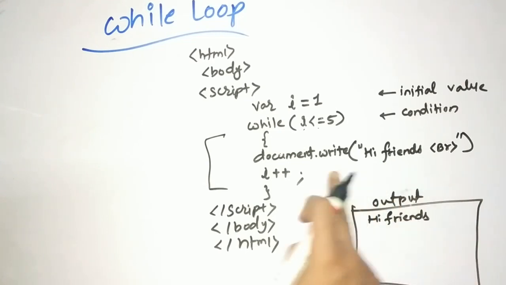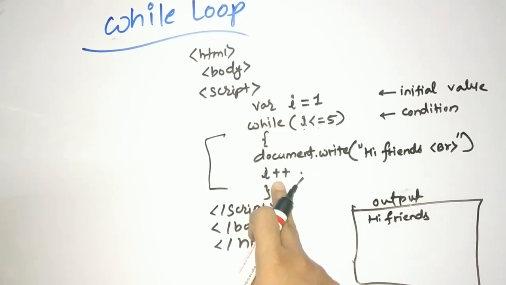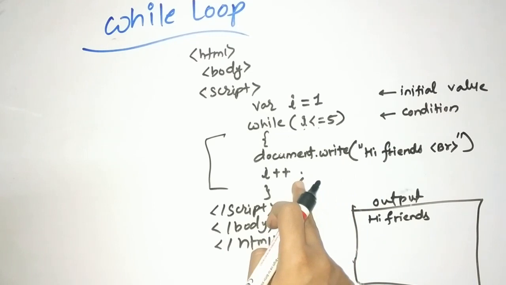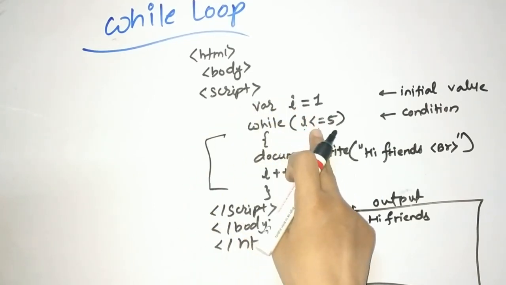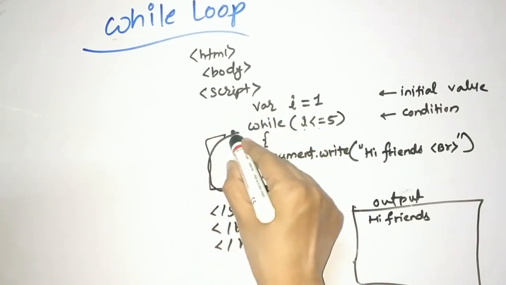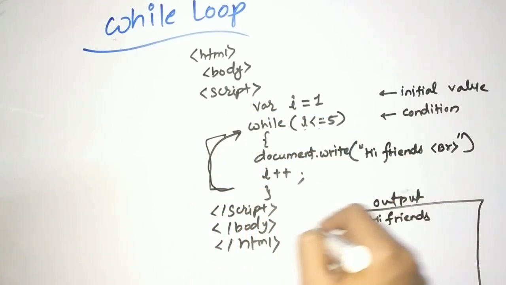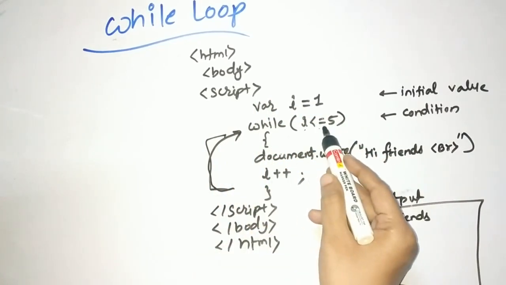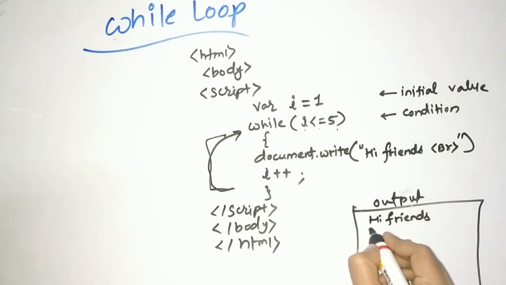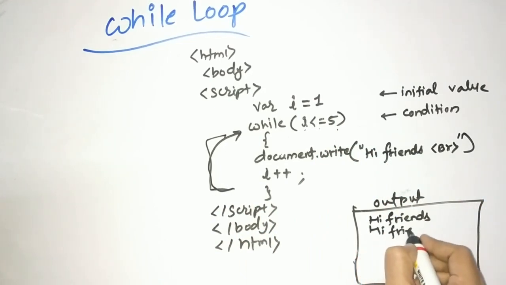Then I plus plus means now I's value becomes 2. It goes back and checks: 2 is less than or equal to 5. Yes, it is true. Again it prints "Hi friends" and a line break.